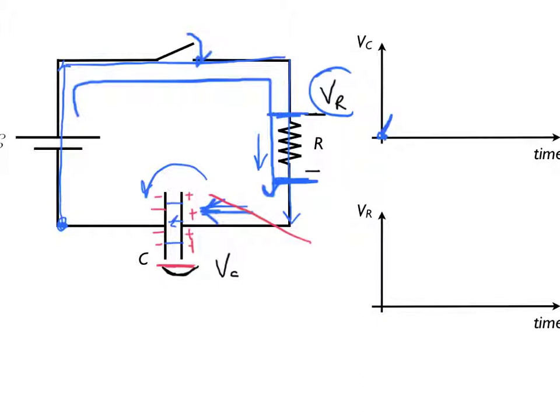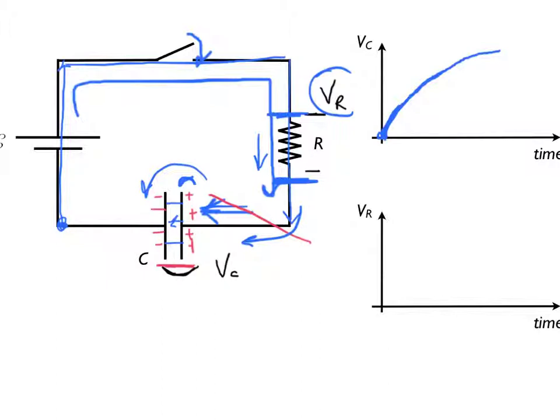And as there's less and less current, the rate at which this voltage is rising gets slower. So the voltage is going to go up at a decreasing rate. As the voltage goes up, its rate of increase gets smaller, and smaller, and smaller.